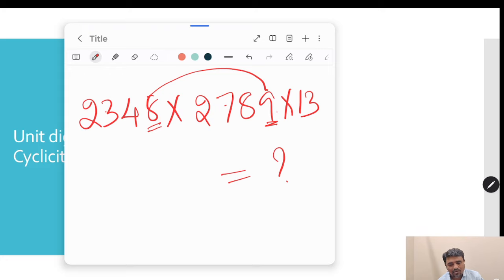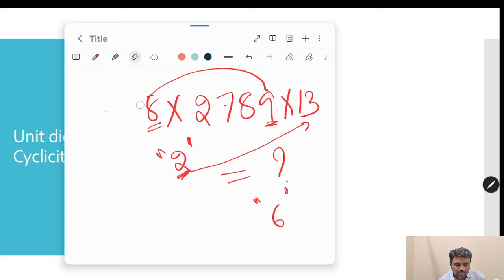In that 72 also, I need not bother about that 7. I want only that 2, which is the unit place of this result. So the unit place of that result is also 2. So that 2 into 3, 6. I hope you got the point. So unit place is dependent on only the unit place of the given numbers, whether it is addition or multiplication. This is the basic funda. Based on this concept, we are going to discuss different model questions.